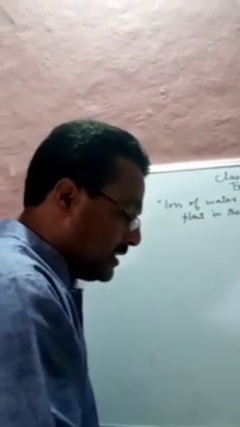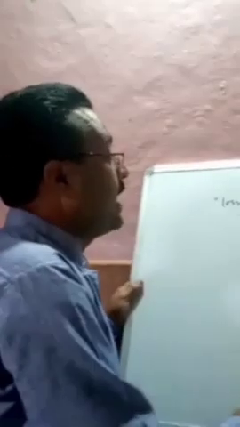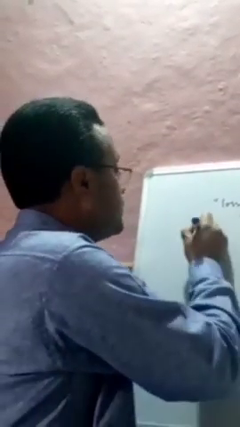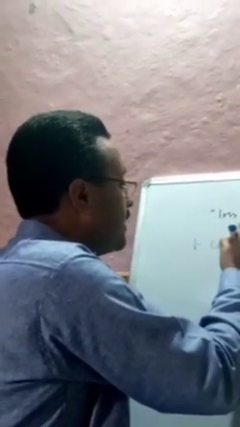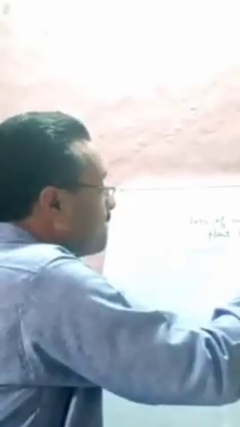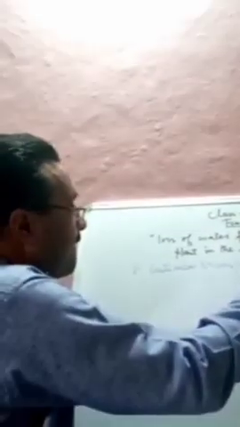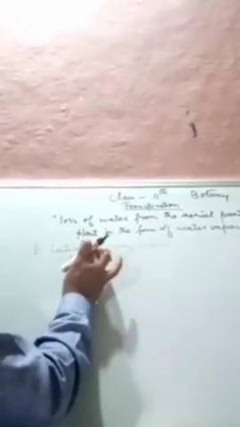Now, this transpiration is of different types. The first one is called cuticular transpiration. About 5% of the transpiration takes place by means of this cuticular transpiration.